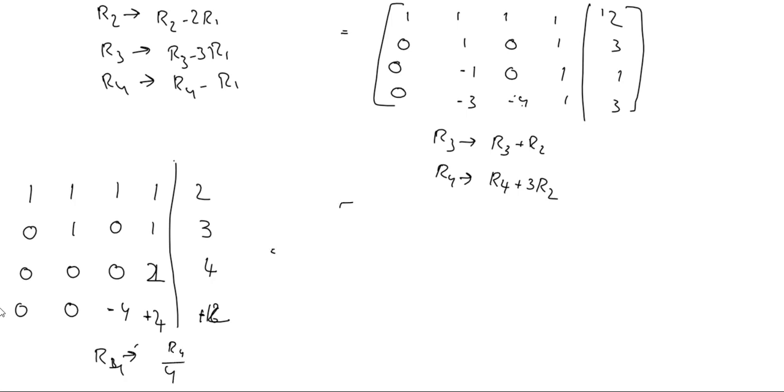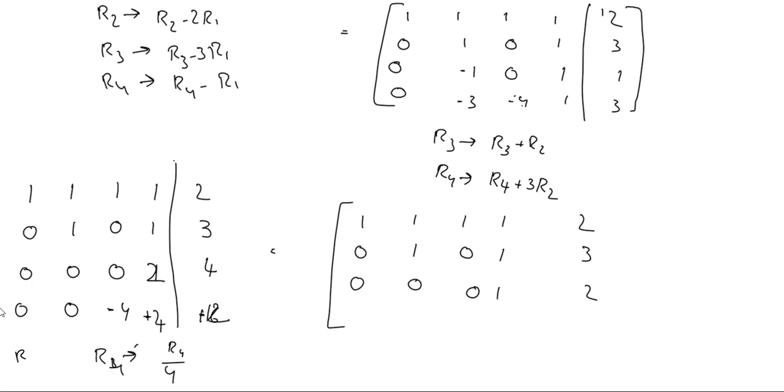What will we get? 1, 1, 1, 1, 2; 0, 1, 0, 1, 3; 0, 0, 0, 1, 2.